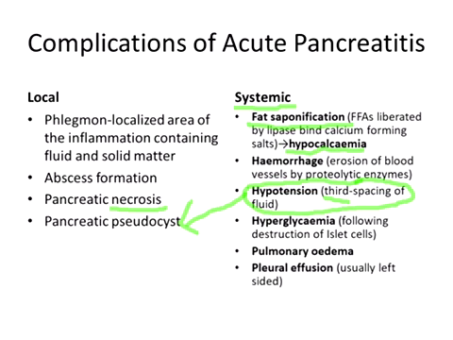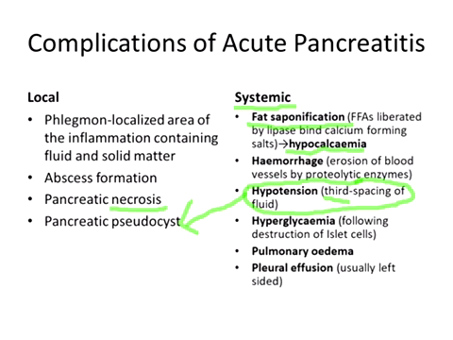There are a few other mechanisms by which patients can develop hypotension, one of them being the accumulation of fluid within the abdominal cavity, and this is referred to as ascites, and secondly, by the systemic shock that arises from such a severe condition.